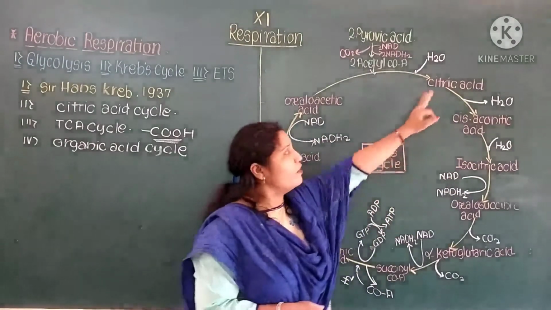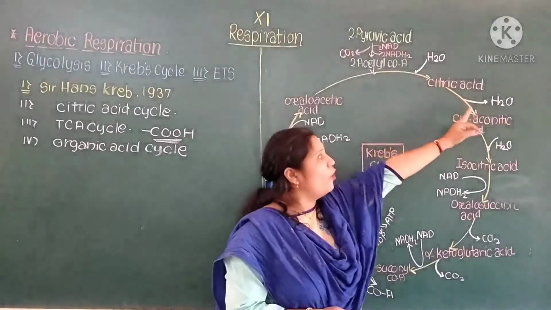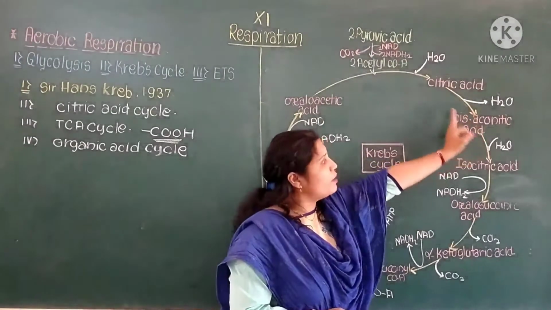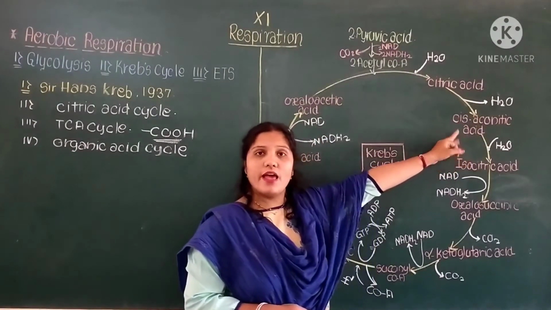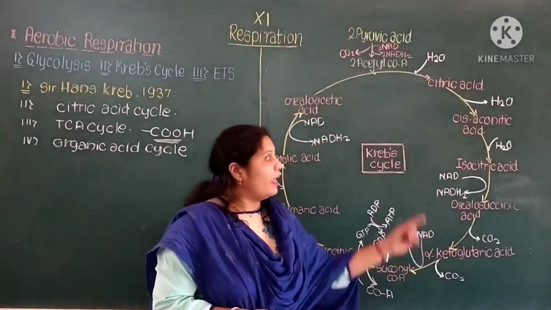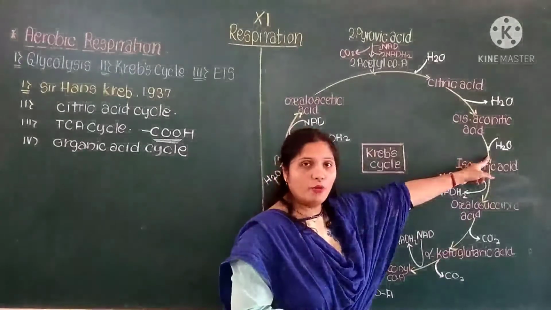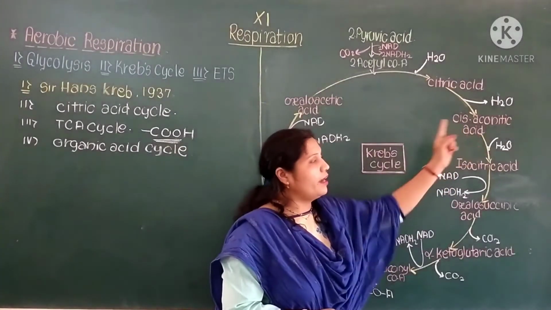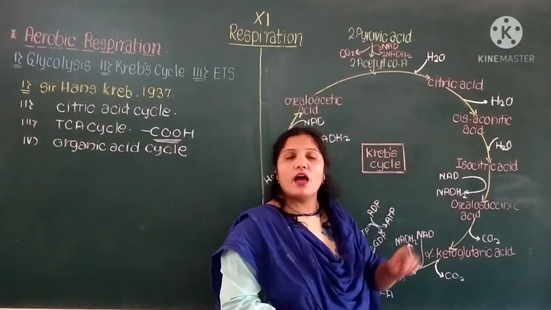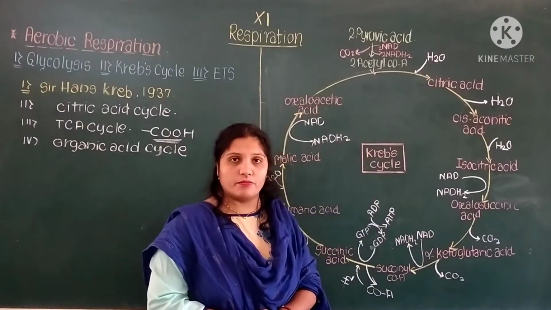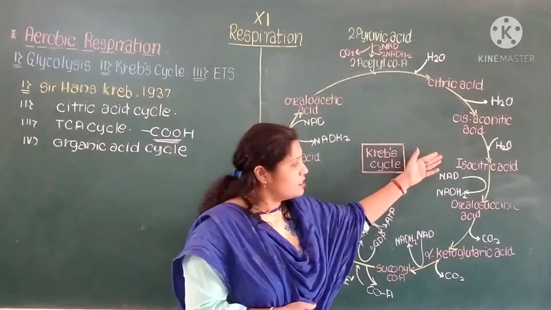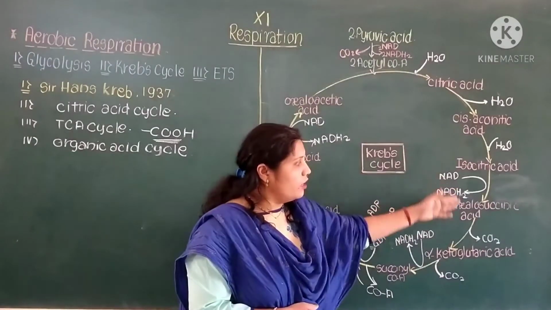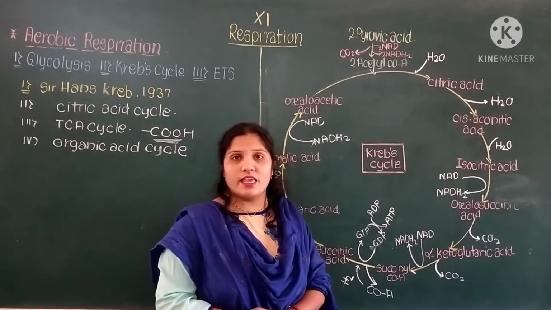So whenever a water molecule is removed from citric acid, it gets converted into cis-aconitic acid. And whenever there is the addition of a water molecule to cis-aconitic acid, there is a formation of isocitric acid. Then this isocitric acid is converted into oxalosuccinic acid.